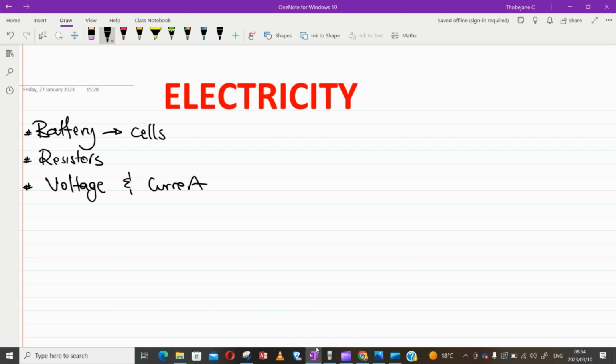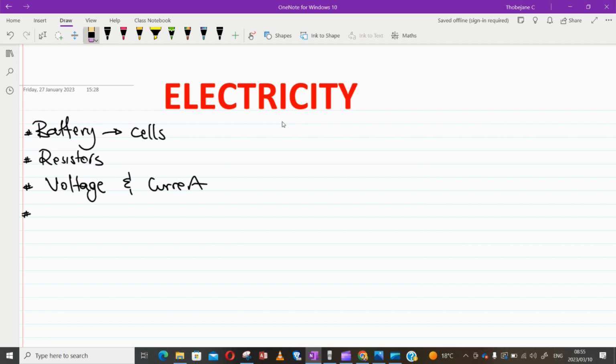The battery will produce voltage and current, whilst the resistors are the recipient of the two.